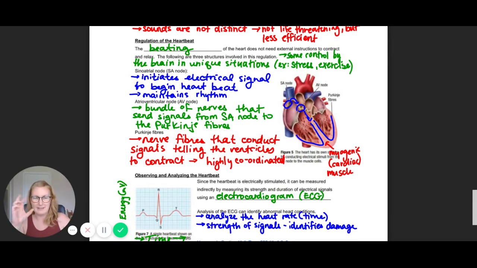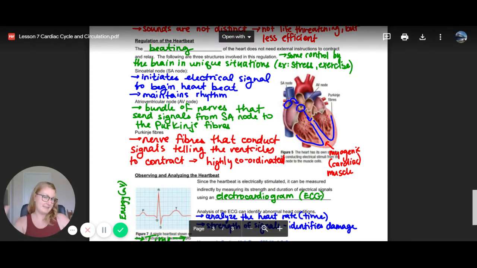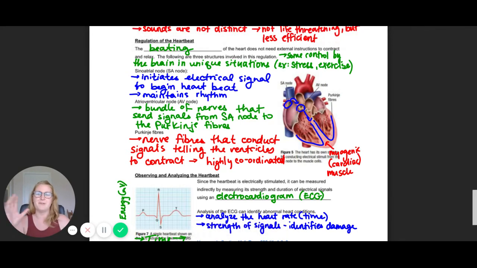It sends a little electrical impulse, a little signal, to the AV node, which is the atrioventricular node. You can see it's sort of at the top of the right ventricle. This is a bundle of nerves that then sends that signal on to the next part, which are the Purkinje fibers. So we have these three structures which are communicating via electrical nerve impulses, sending signals from one to the next.